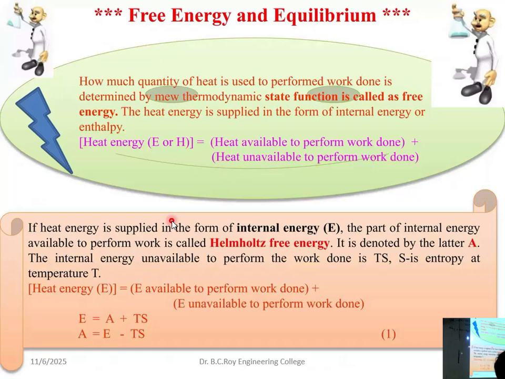Okay? Now write down different conditions when the process can actually occur or will not occur. Number one condition, del H is negative and large, and del S is positive but small.